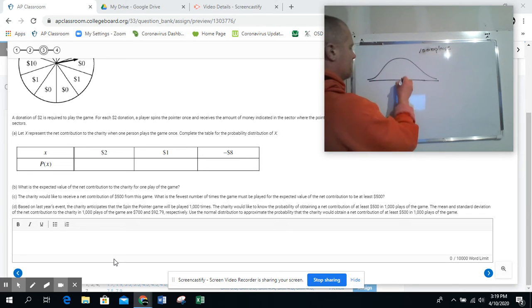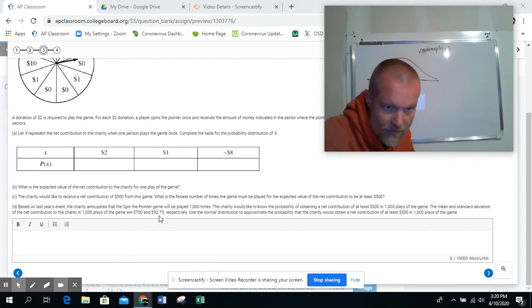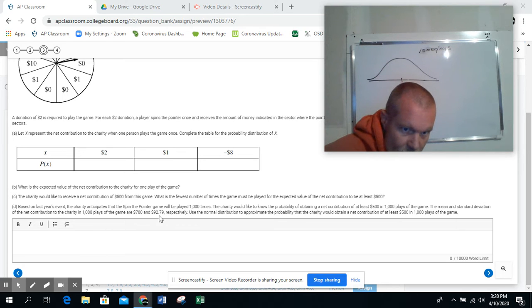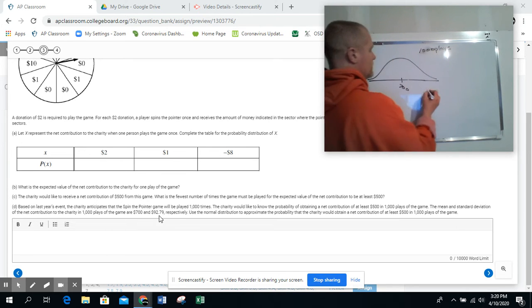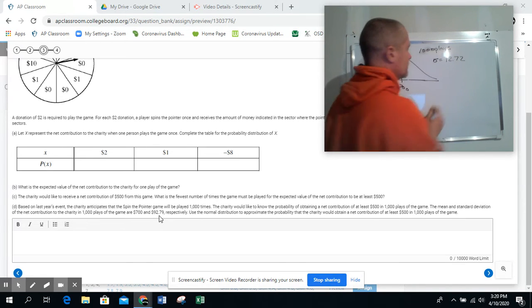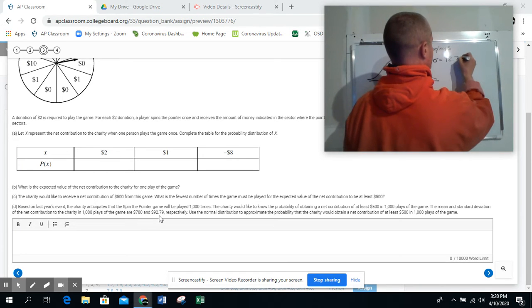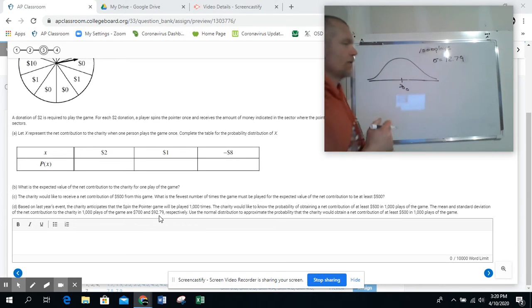And they're saying that the mean, if you did this a bunch of times, a bunch of 1,000 plays, if you hosted a bunch of galas and you had 1,000 plays at each one, the mean contribution would be 700, and the standard deviation would be $92.79. Okay, so that makes sense.